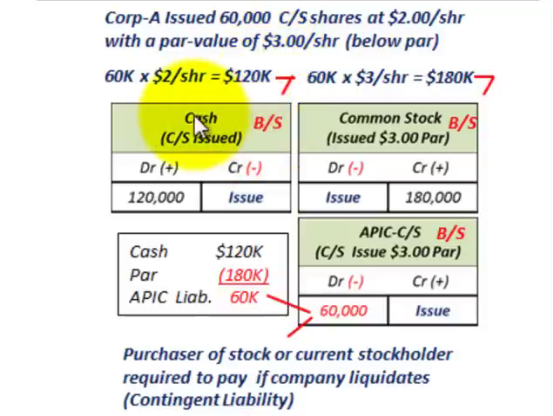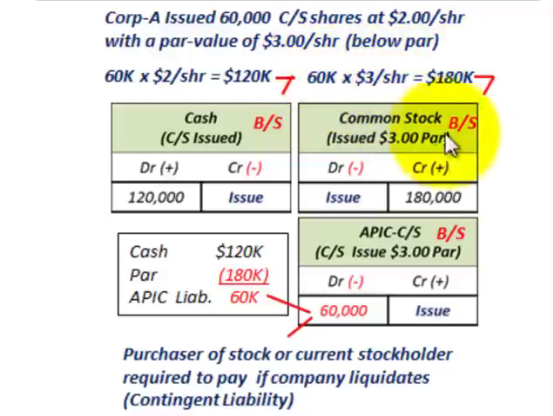So let's look at how we'd record that. First, for our cash account, we'd have 60,000 shares. We'd only receive $2 per share, so that would be equal to $120,000. So we debit or increase our cash account for $120,000. And then over on our equity account for our common stock, issued at a $3 par, we record it at the $3 par amount, and that was simply the 60,000 shares at $3 per share par.